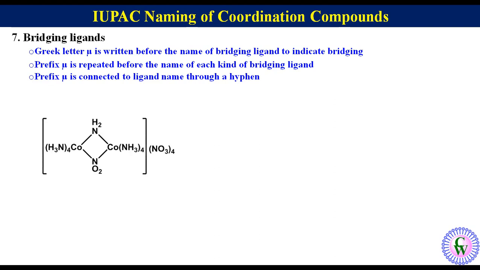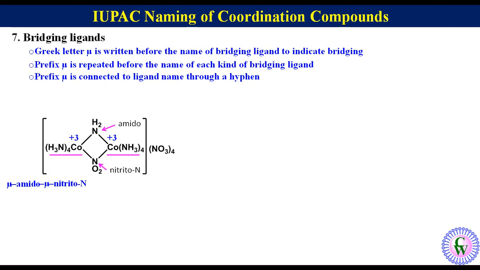Let's take the example of a cobalt-based complex with two bridging ligands. In this complex, the two bridging ligands are amido and nitrito-N. So, while writing the IUPAC name of this complex, these ligands will be written in alphabetical order as mu-amido, mu-nitrito-N. There are two tetraamine cobalt units with +3 oxidation state of cobalt.